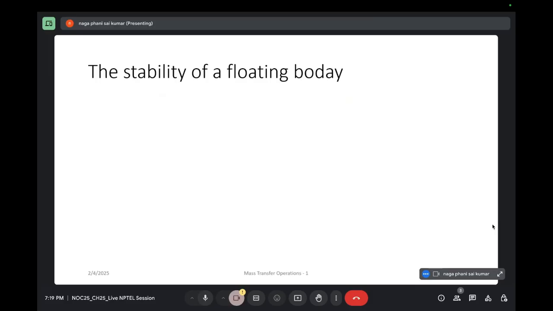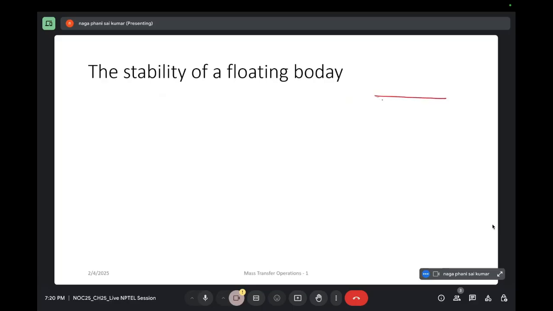Especially in oceans, when vessels of cargoes are traveling, they come across very high tides, right? So in that case, what happens? The ship body will be tilting from one side to the other side, right? So in this case, it is important to understand the stability of a floating body. How do these ships remain in place?